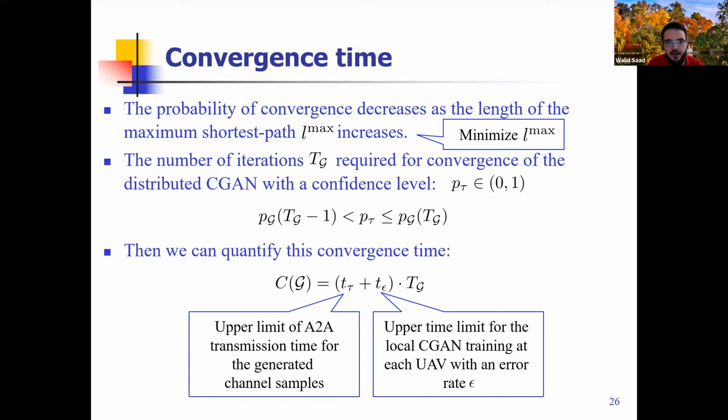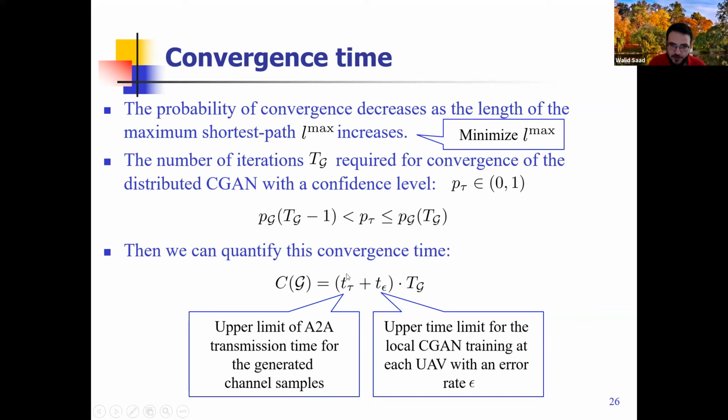If alpha is large, then this probability is going to in my network. And then the number of iterations required for convergence within a certain confidence level, we call it TG. The confidence level is just a parameter p tau. This is the iteration after which I'm satisfied and I'm assuming convergence is good enough for me with this confidence level.